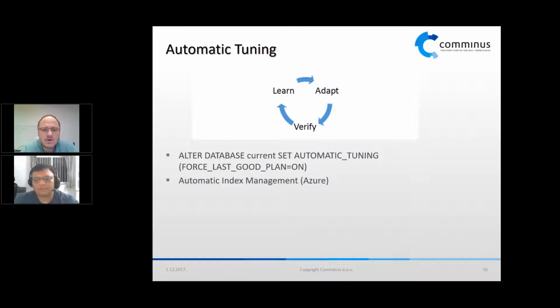In Azure, not on SQL Server 2017 on-premise, you have a feature called automatic index management, which means that SQL Server is automatically creating indexes that it thinks will be useful for your data load.